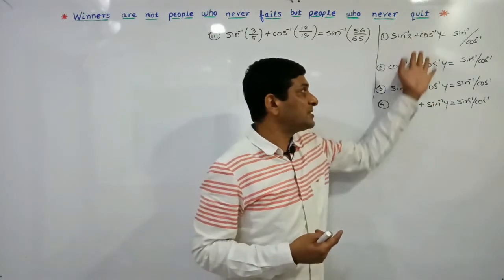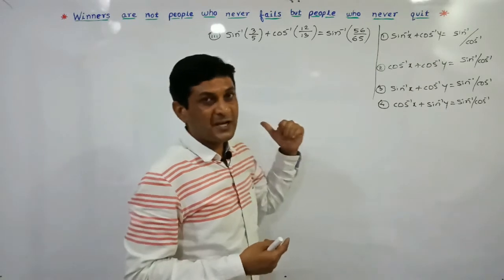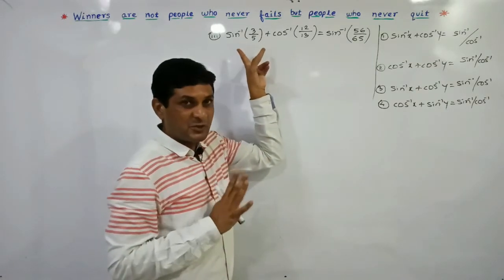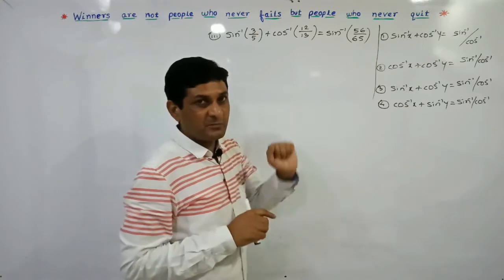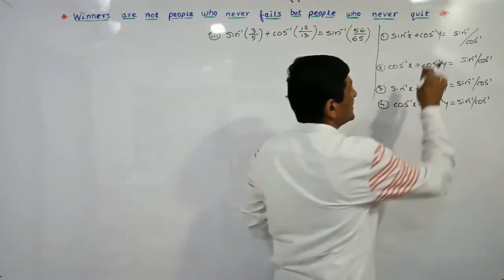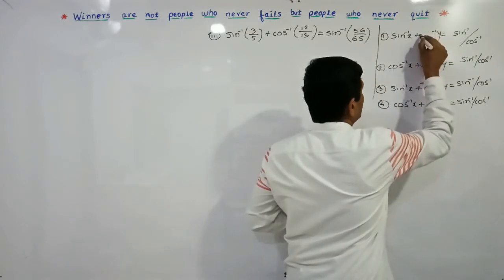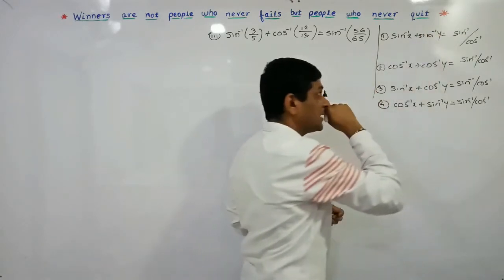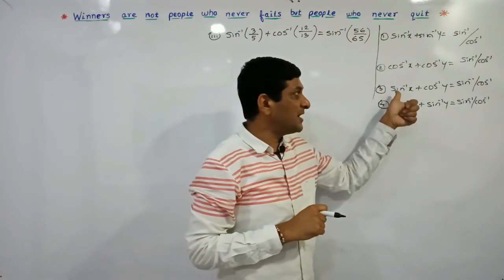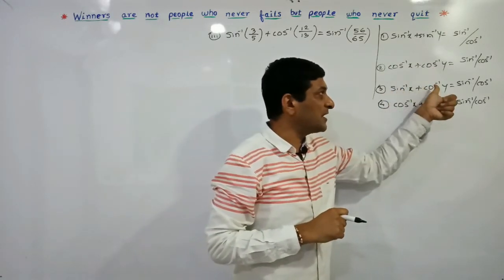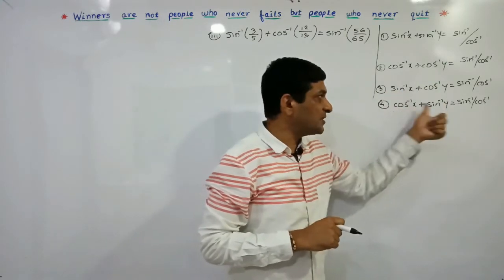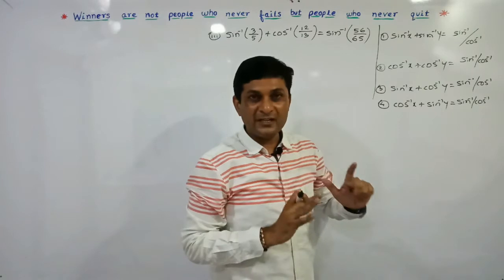The method which you are applying to solve this example can also be applied in all these different cases. On the left hand side, one term is sine inverse and another term is cos inverse. Instead of this, both the terms may be sine inverse, or both the terms may be cos inverse, or the first term is cos inverse and the second term is sine inverse.